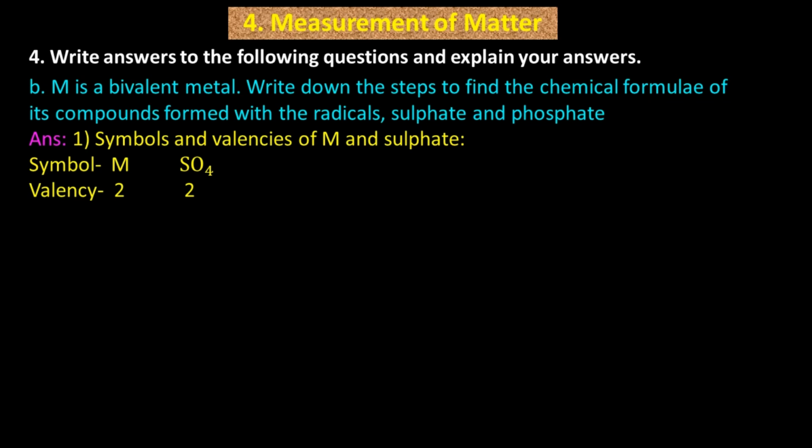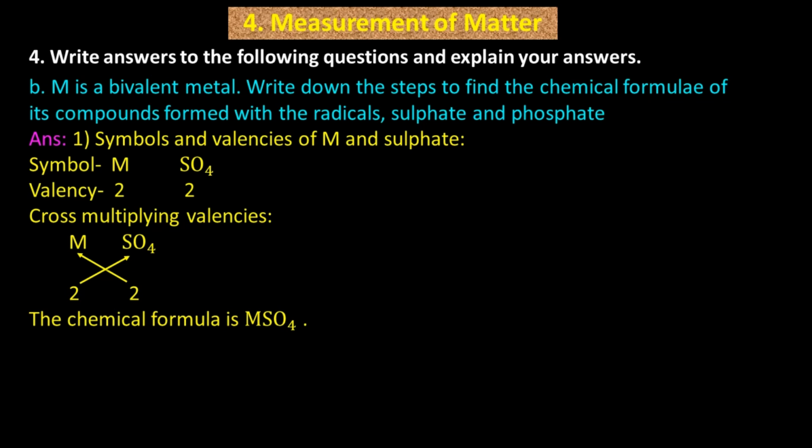Symbol of M is M, the valence is 2, and symbol of sulfate is SO4 and the valence is 2. By doing cross multiplication of valencies, M is multiplied by 2 and SO4 is multiplied by 2. Therefore, the chemical formula is MSO4.